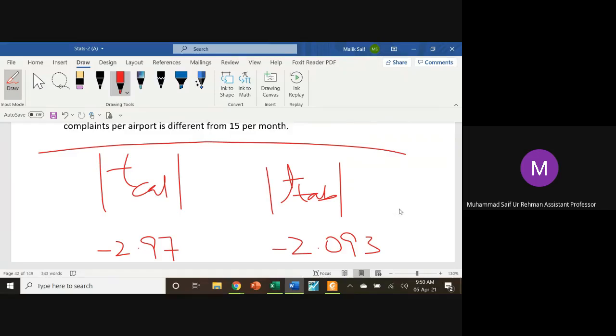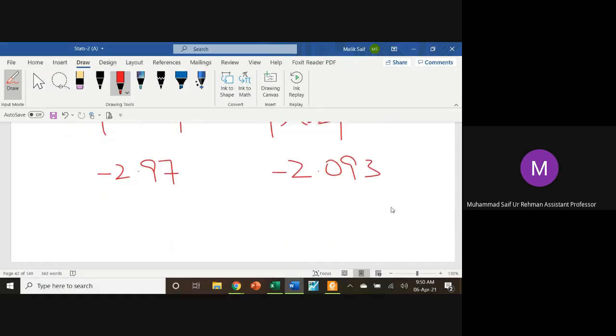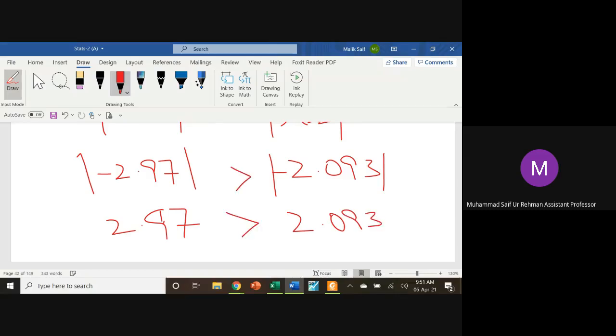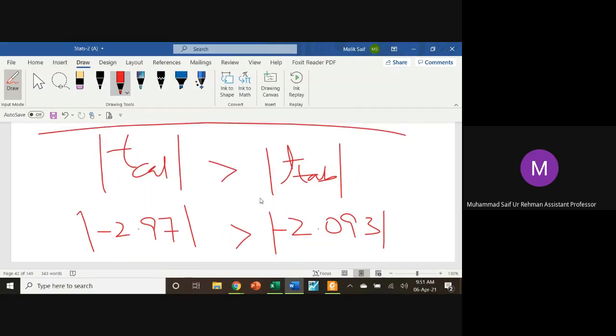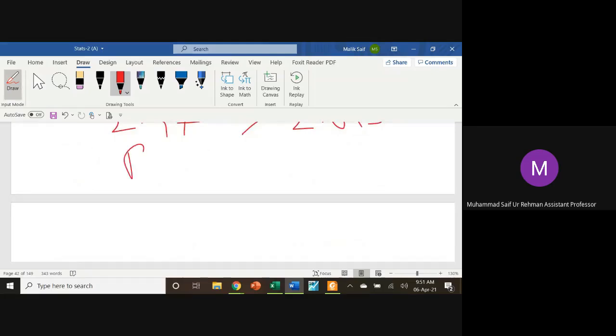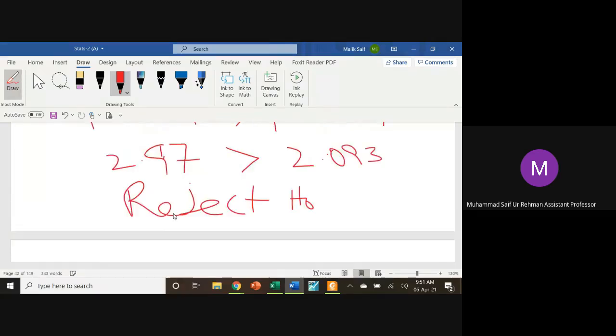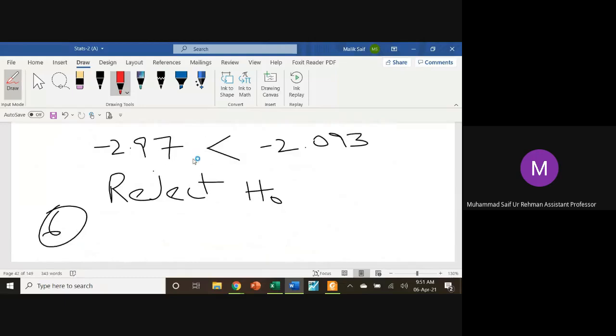So the rule is if the calculated value is greater than the tabulated value, we reject H naught, otherwise we accept H naught.